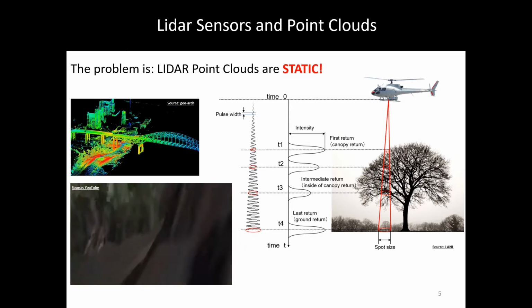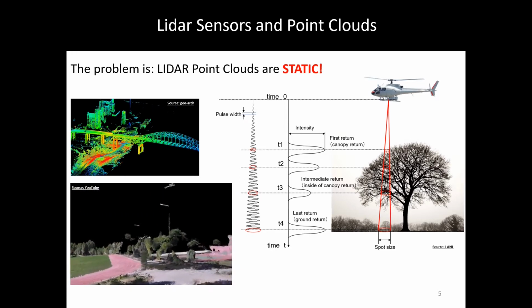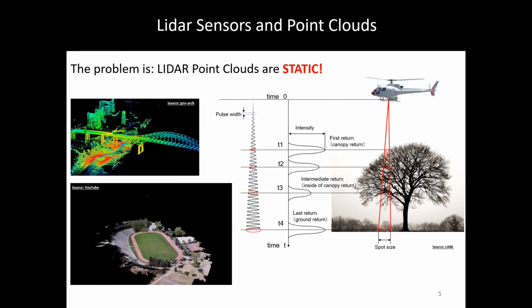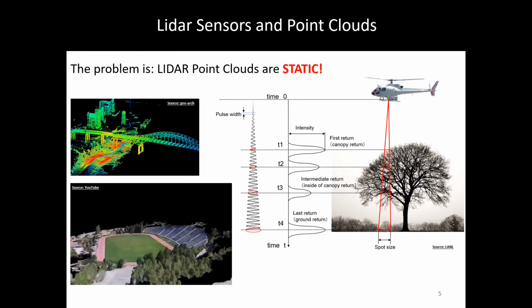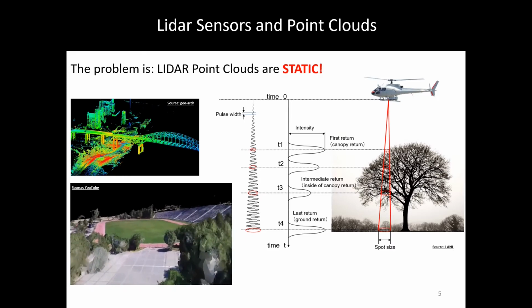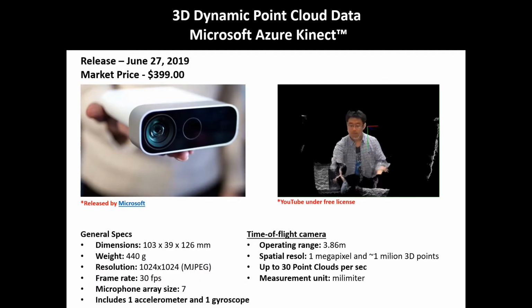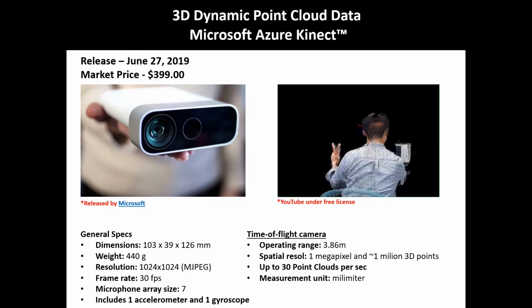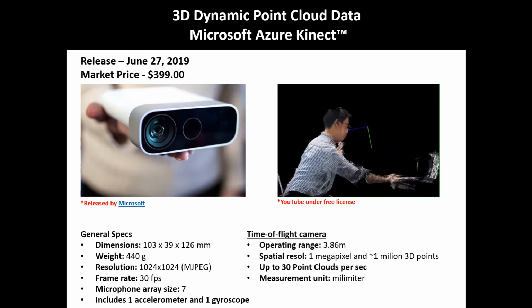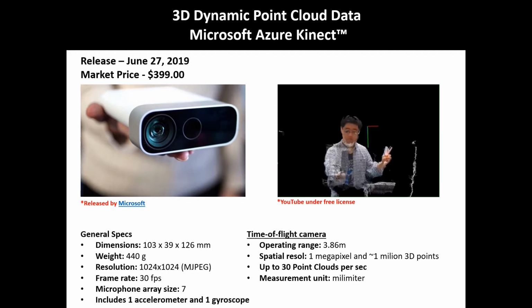The problem is that these point clouds are in most cases static. This feature makes most lidar-type sensors not suitable for direct use for structural dynamics applications. With the advent of the recently commercially available Kinect, dynamic point clouds at low but enough sampling rates became practical for the development of structural dynamics algorithms.